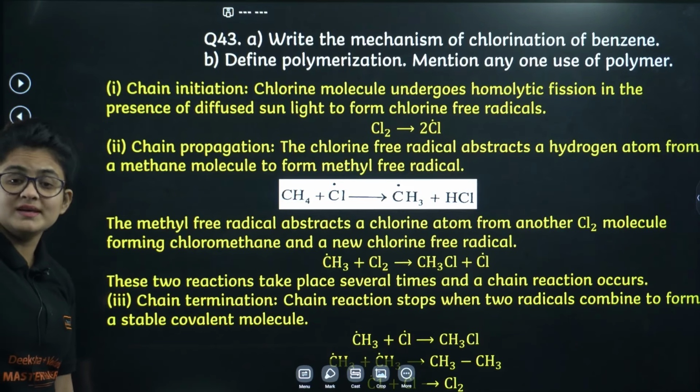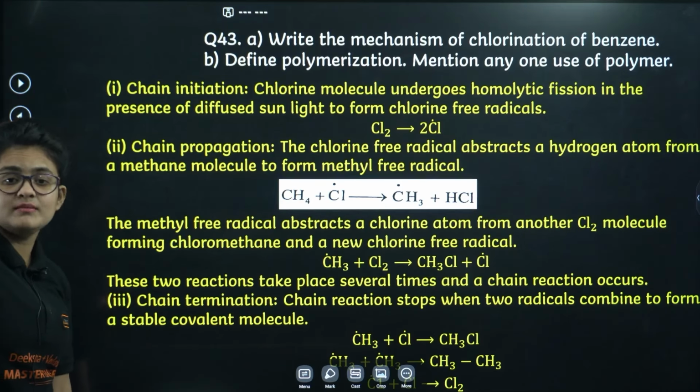Then the CH3 dot and Cl dot make the bond CH3Cl. In termination, all the possible combinations can happen: CH3 can make a bond with Cl, CH3 can make a bond with CH3, like that. This is chain termination. Okay, so it's a 3 marker question.